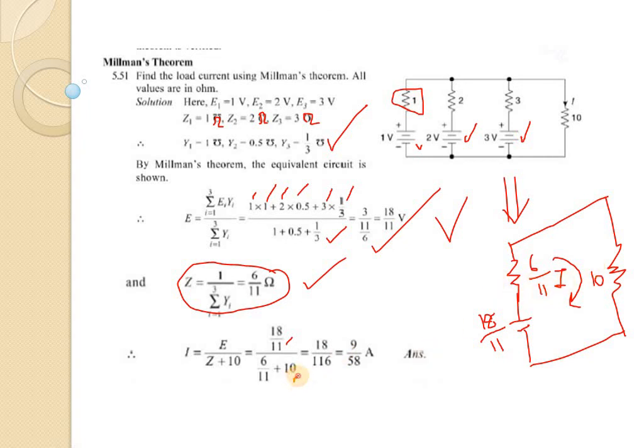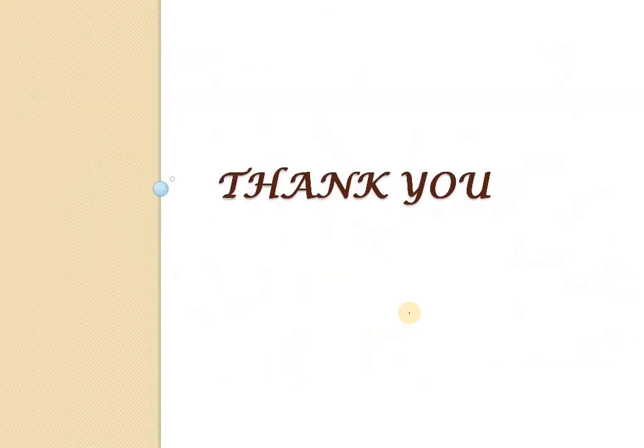So we get the current through the 10 ohm resistor as 9 by 58. In that way we can calculate the current using Millman's theorem, and the circuit becomes so simple that we can easily calculate from it.